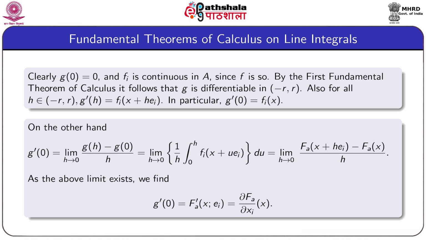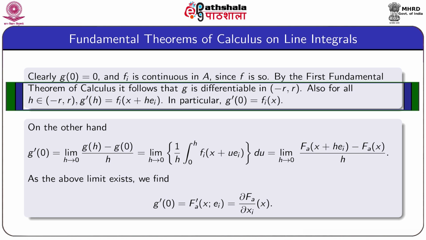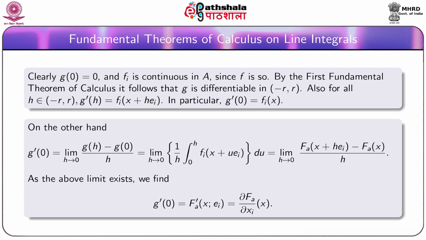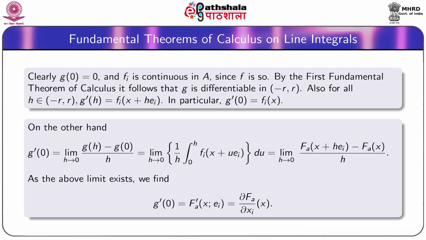Clearly, g(0) is 0. As f is continuous, its component functions f_i are also continuous in A. By the first fundamental theorem of calculus, it follows that the function g is differentiable in the open interval (-r, r). Also, for every h in this open interval, g'(h) equals f_i(x + he_i). In particular, putting h equal to 0, we have g'(0) equal to f_i(x).